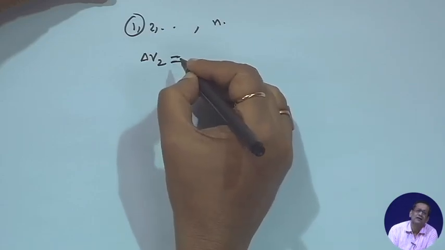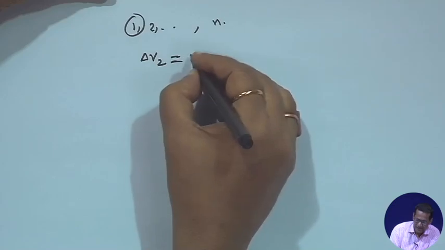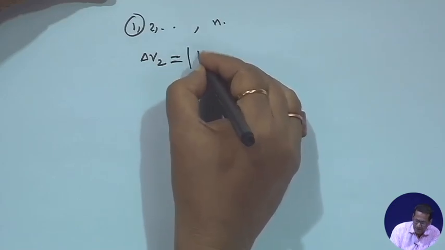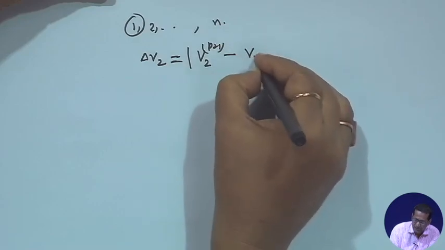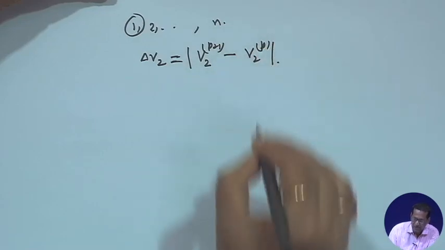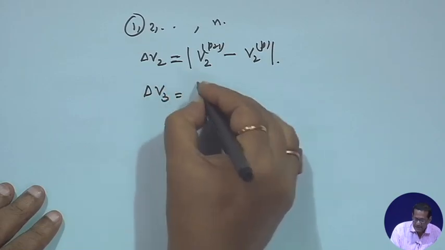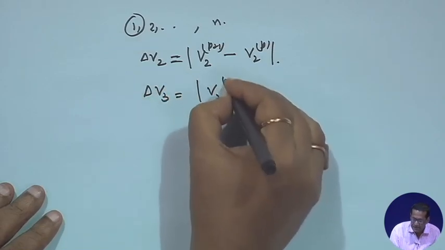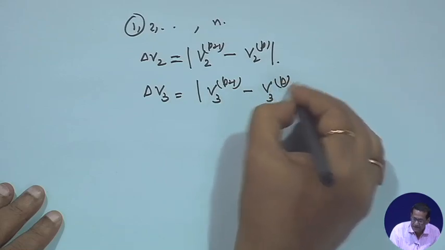There are different ways of checking convergence. Delta V2 is the current iteration value V2 p plus 1 minus V2 p. Similarly, delta V3 is V3 p plus 1 minus V3 p.